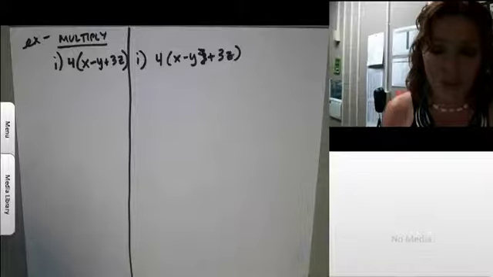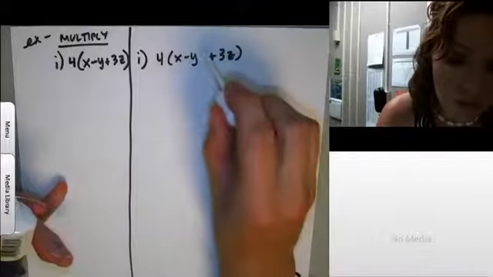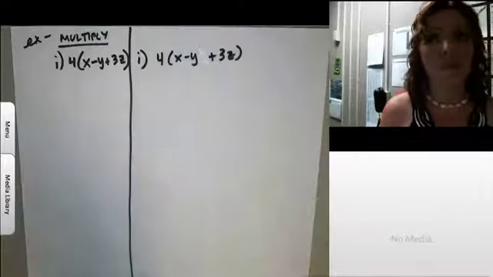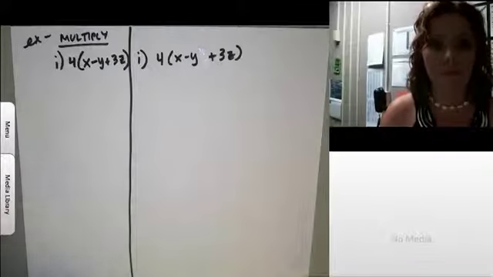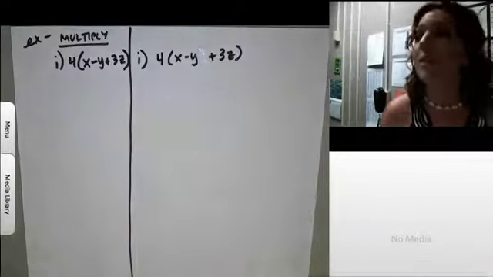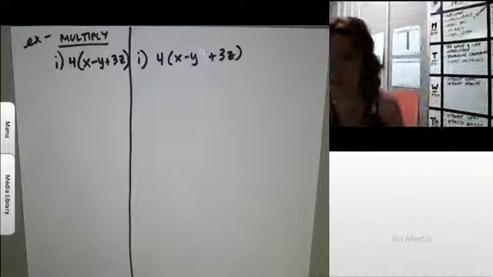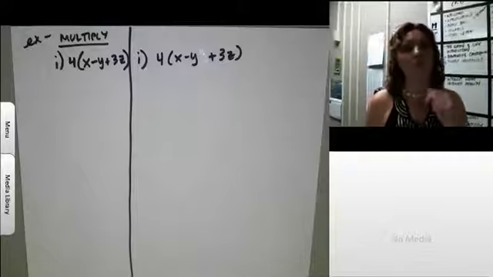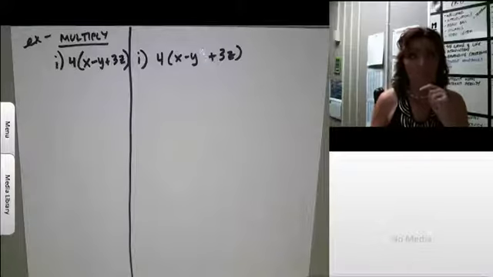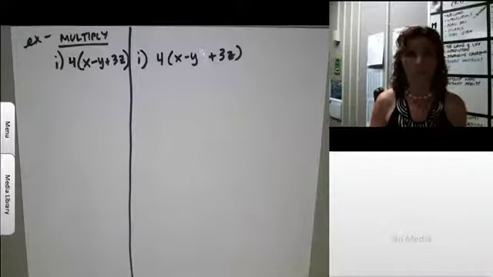Raise your hand if you have any idea how to multiply this out. So this is just getting practice with the distributive property. We think back to the distributive property. Raise your hand if you have some idea about how to multiply that out. Okay.